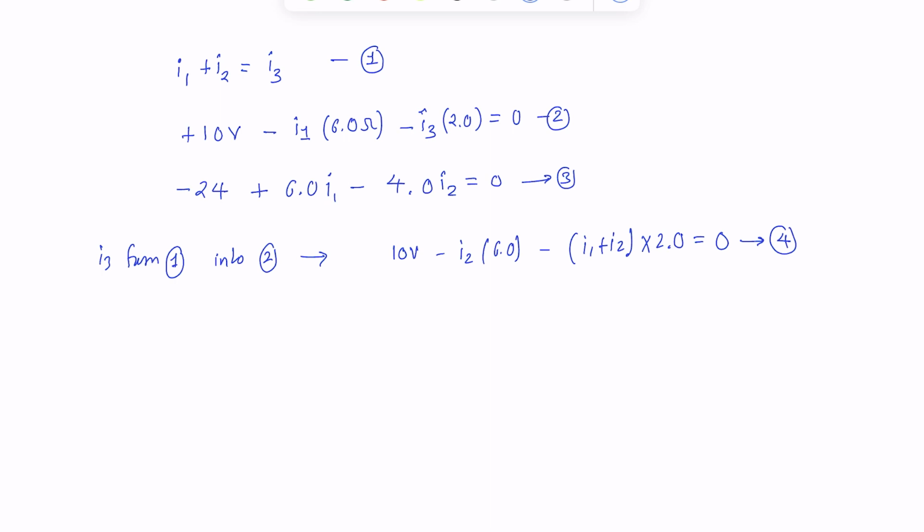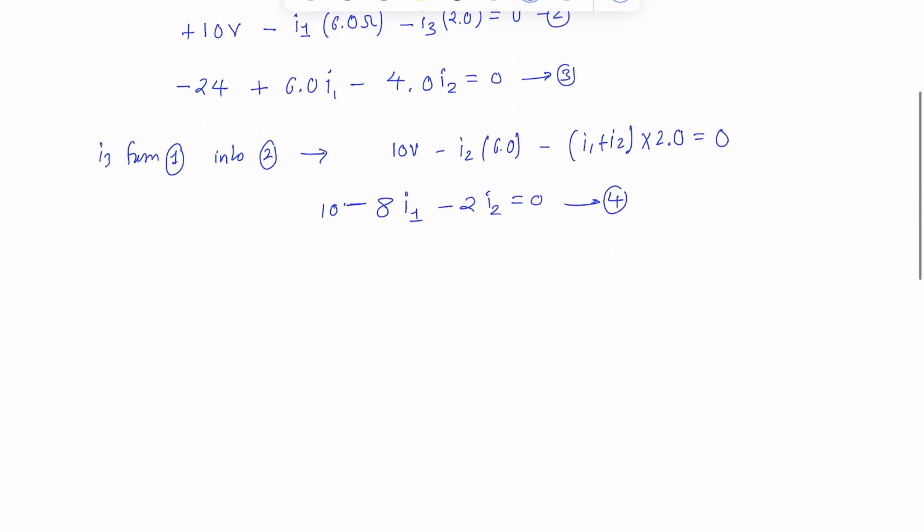When you solve this you'll get 10 minus 8 I1 minus 2 I2 equals to 0. So let's call this equation 4.